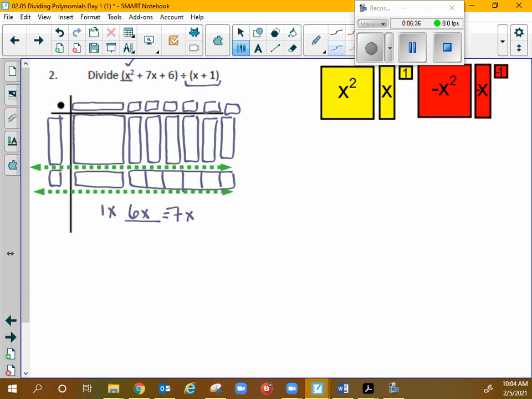So now I need to double check. Do I have inside x squared plus 7x plus 6? Nothing more, nothing less. Yes, we are good. So then what is x squared plus 7x plus 6 divided by x plus 1? X plus 6.